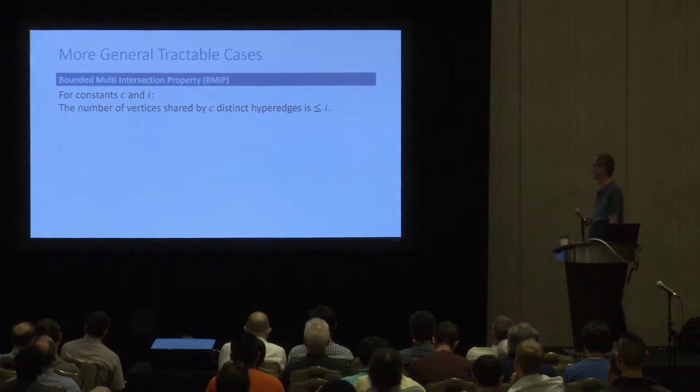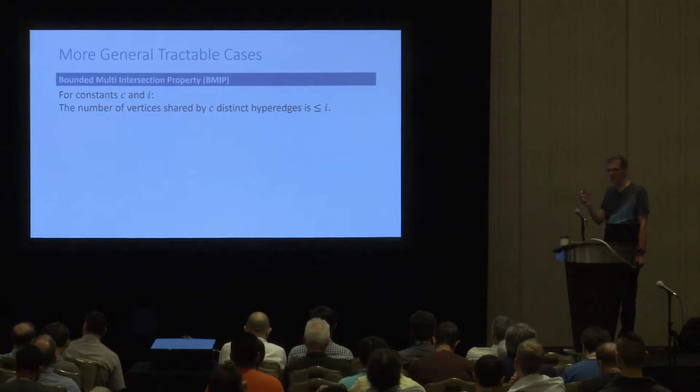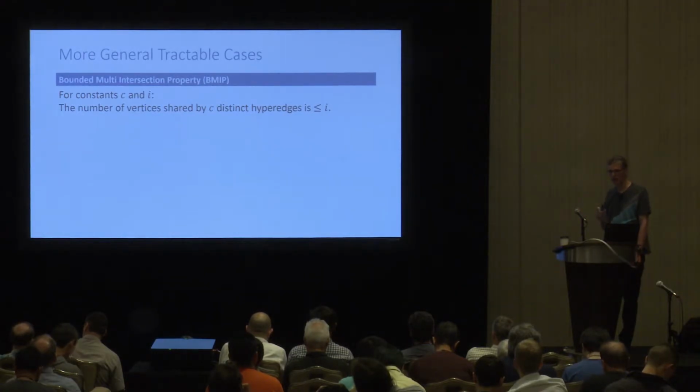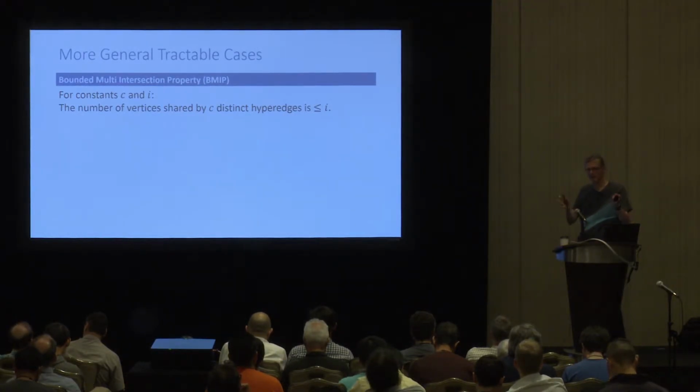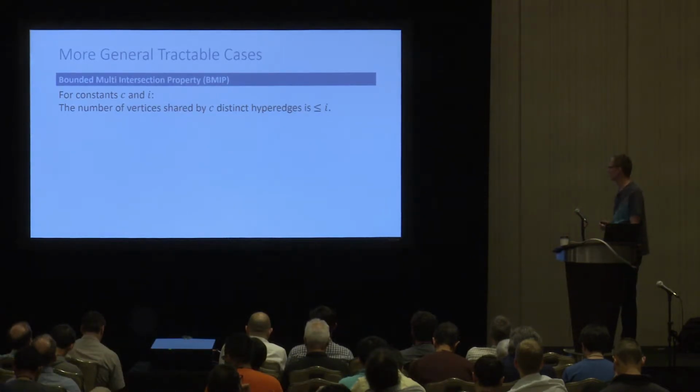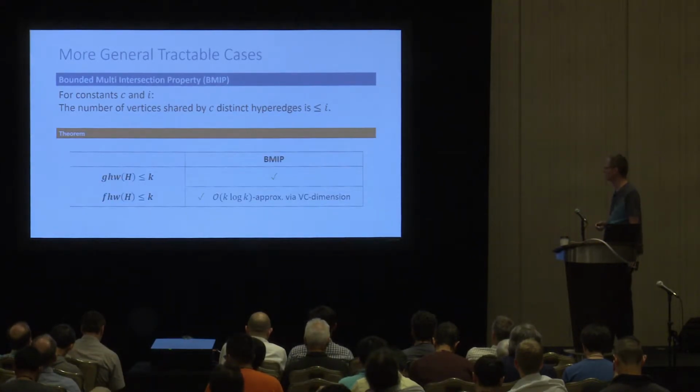We actually generalized this result from bounded intersection to bounded multi-intersection. That is, it's not necessarily required that two edges have a small intersection, but a constant number of edges, say 3, 4, 5 edges share a small number of vertices. And also in this case, we managed to show tractability of the check problem for generalized hypertree width.